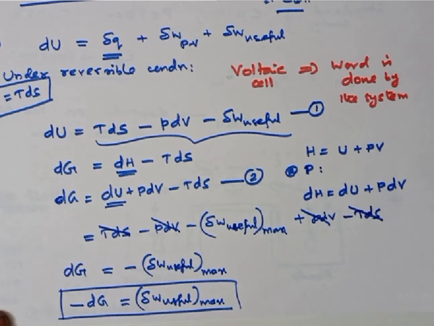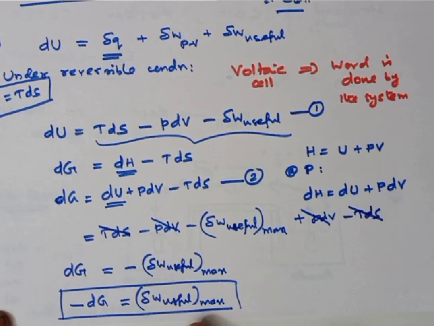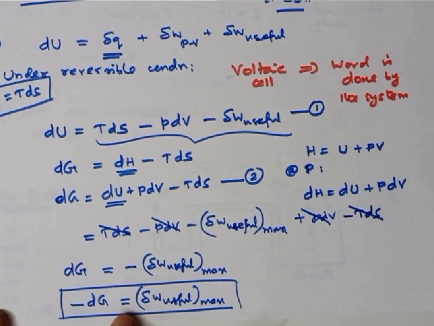Whenever the free energy decreases, you will get useful work, right? Under reversible condition, minus dG means decrease in free energy. Decrease in free energy comes out as the maximum useful work from the system. So you can calculate maximum useful work obtainable from a system by knowing the value of minus dG.